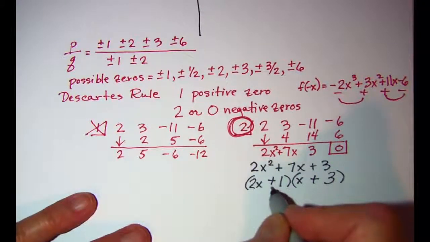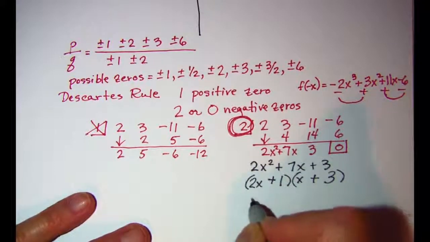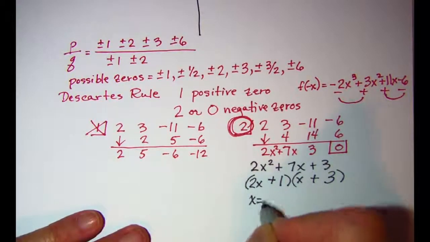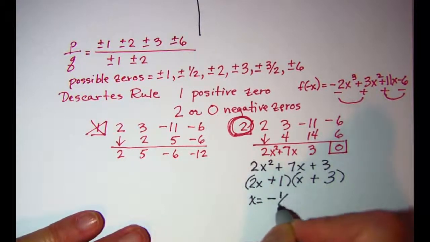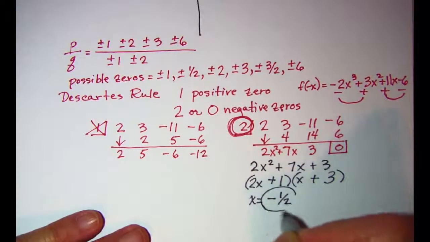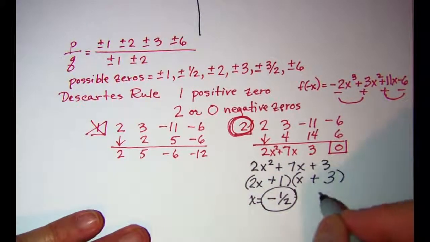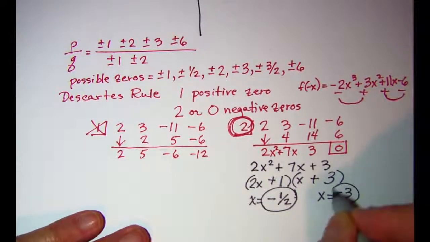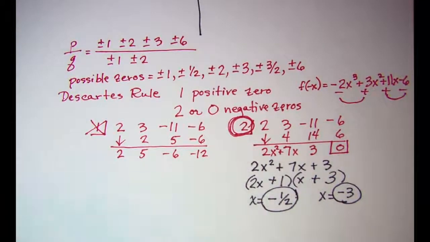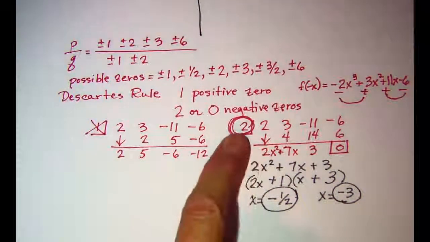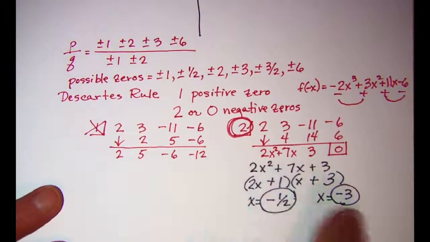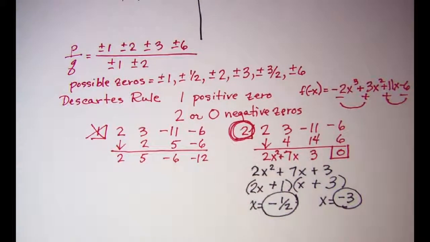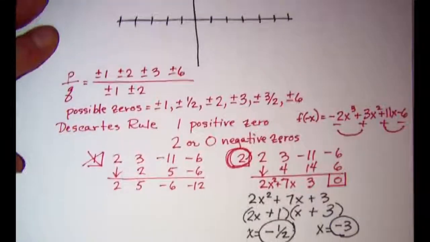So setting this equal to 0, it looks like x equals negative 1/2 is going to be another 0. And x equals negative 3 will be another 0. So my third degree polynomial has zeros of 2, negative 1/2, and negative 3. Let me mark those as zeros of my function and plot them.